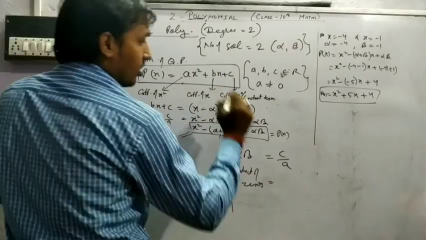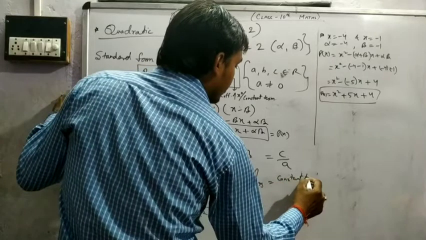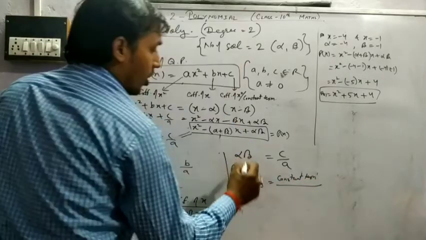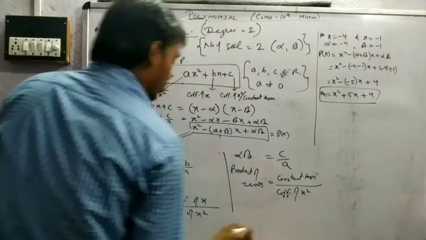What is c? The constant term, upon the coefficient of x square.